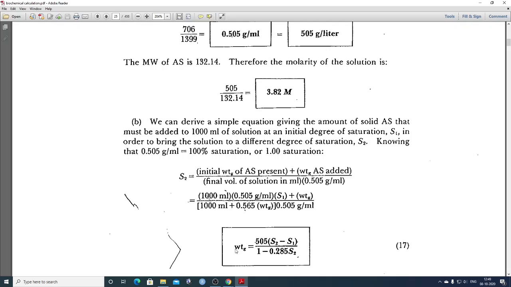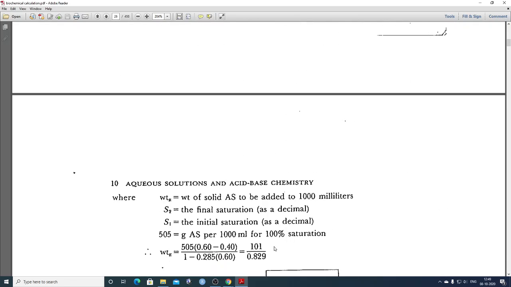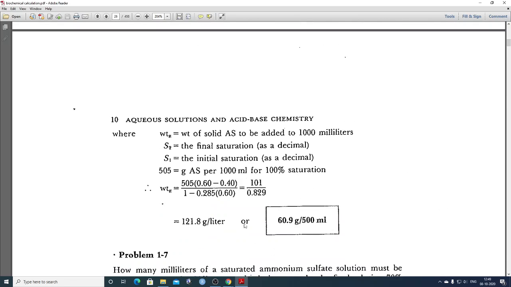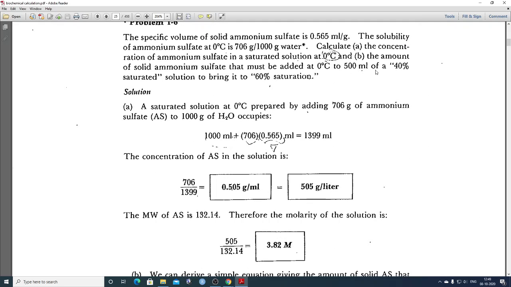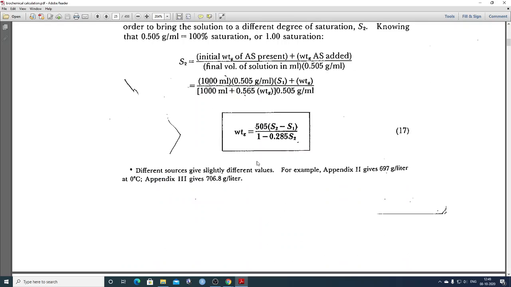If you put it in this formula, you get the equation: weight in grams is equal to 505 times (S2, the final concentration 60%, minus S1, 40%) divided by 1 minus 0.285 S2. So this equation you can use, and this is just how we derive it. Our problem is that we have a 40% solution and want to make it 60%, so this equation you will use.